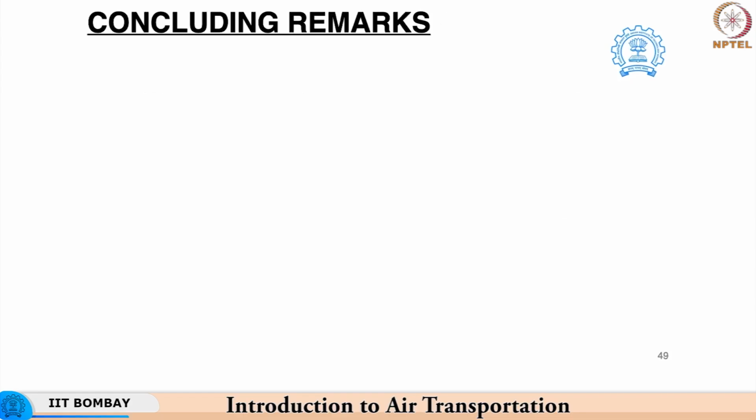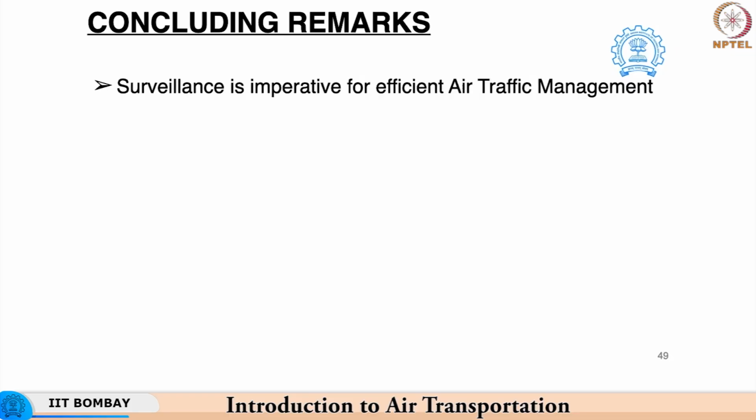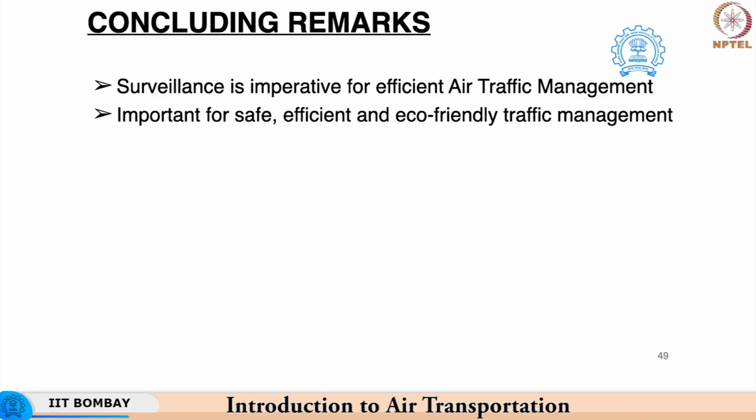Now I will end this presentation with the concluding remarks. We firstly explored how surveillance is important for efficient air traffic management, and how it is very important to carry out safe, efficient and eco-friendly traffic management.